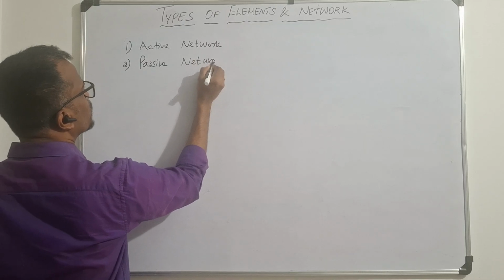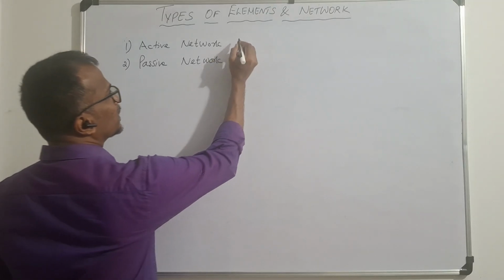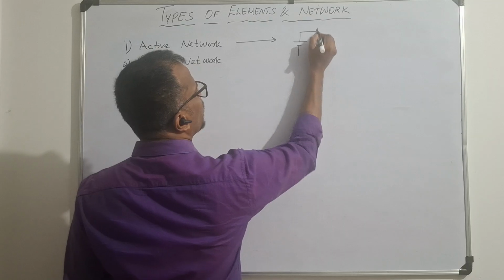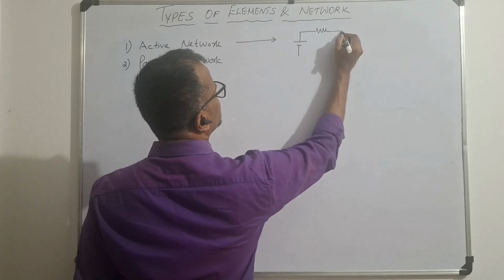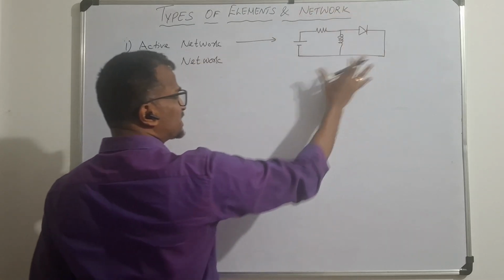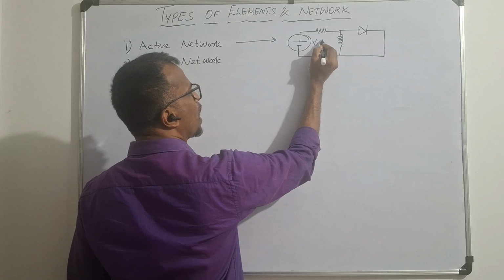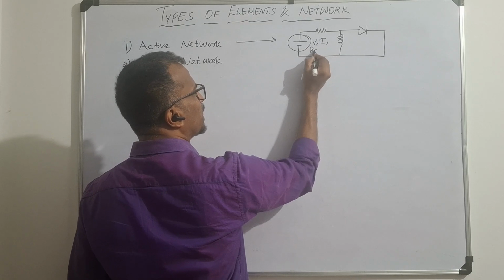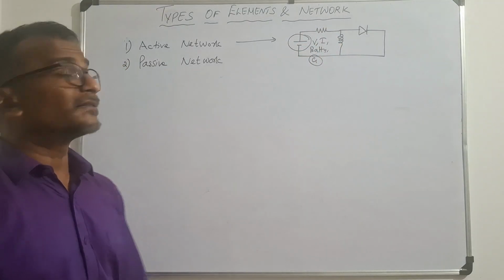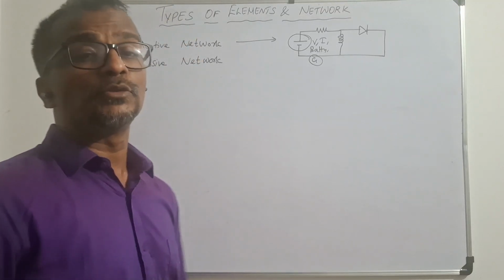Active network means, in any circuit, if we have a voltage source and maybe resistance or inductance or diode or whatever it is, if the active element, a voltage source or current source or battery or generator, anything is present in the circuit, then the circuit is called an active network.